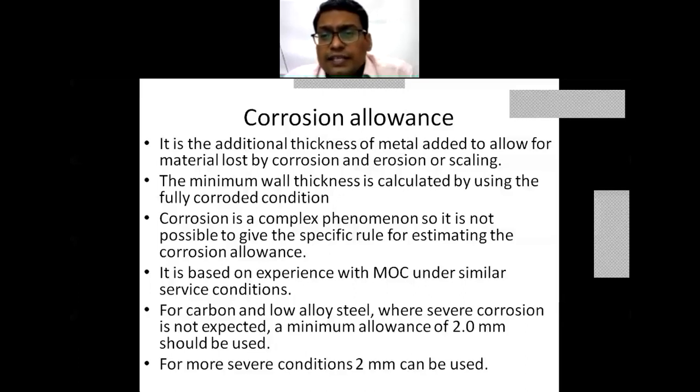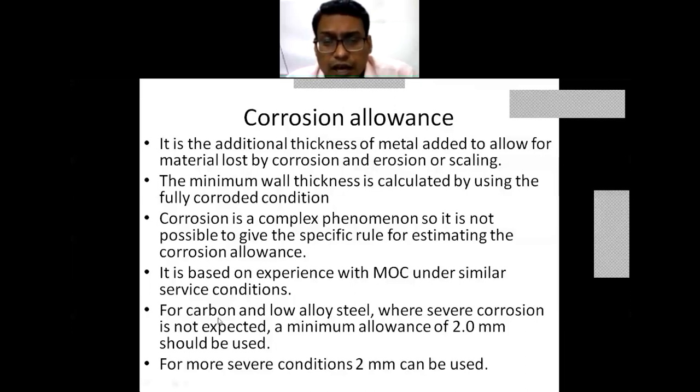The minimum wall thickness is generally calculated using fully corroded conditions. Corrosion is a complex phenomenon, so it is not possible to give a specific rule for estimating the corrosion allowance, and general considerations have to be applied.